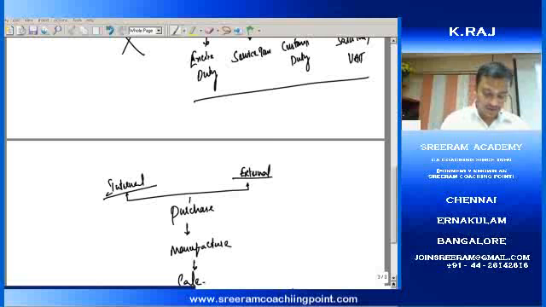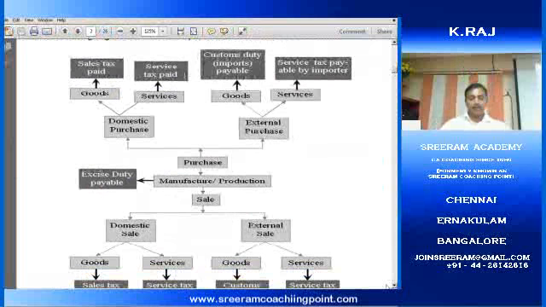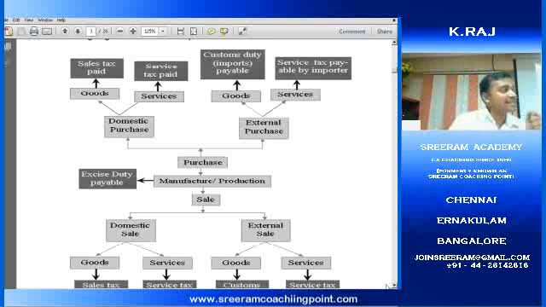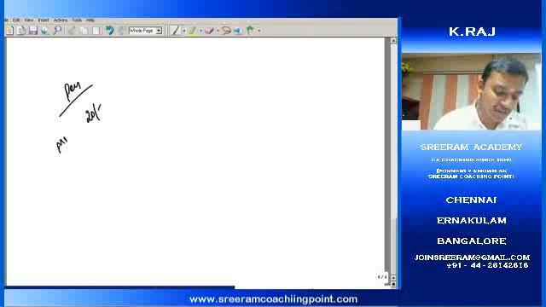Now, there is one diagram. See this. First, purchase: domestic purchase, external purchase. Domestic purchase of goods, domestic purchase of services. Whenever goods are purchased domestically, we have to pay sales tax. I need a pen. Say the cost of the pen is 20 rupees, and when you see the MRP, you will find it is inclusive of all taxes. Am I right?